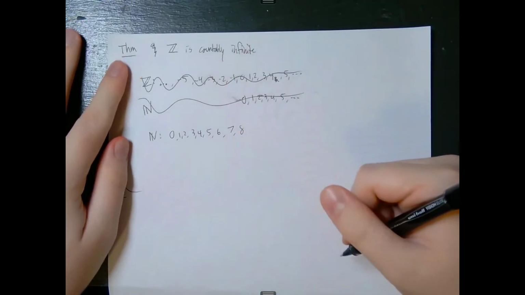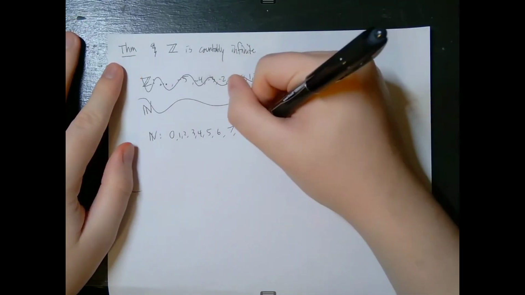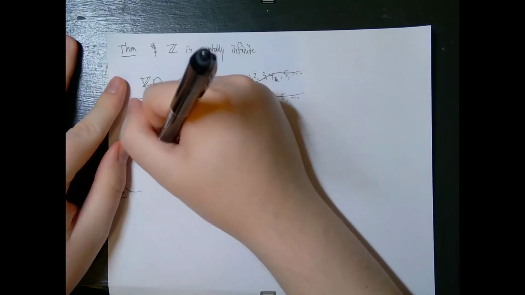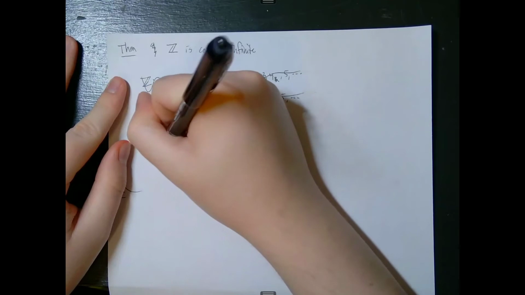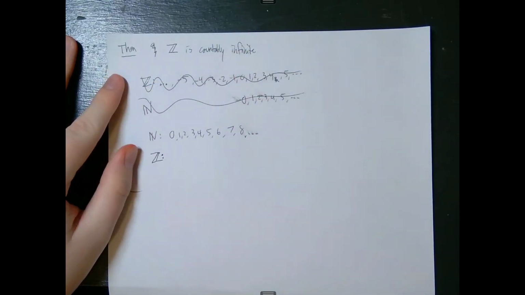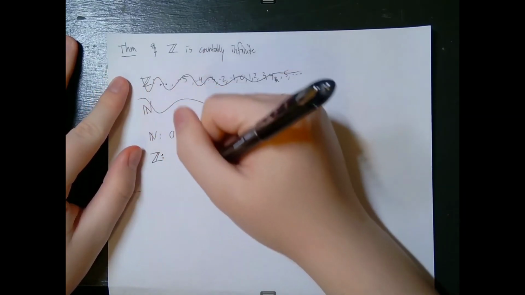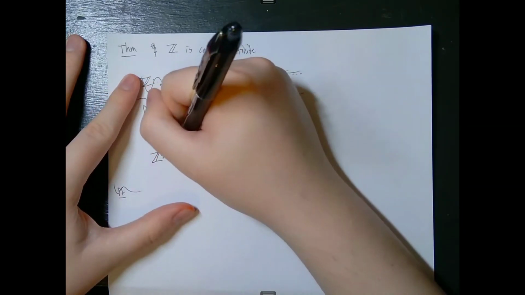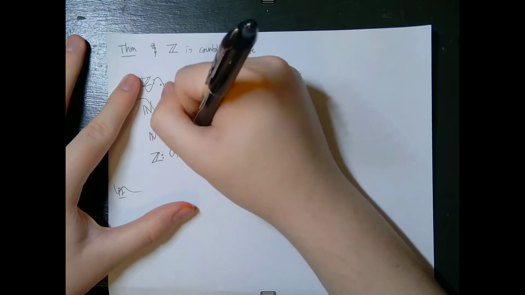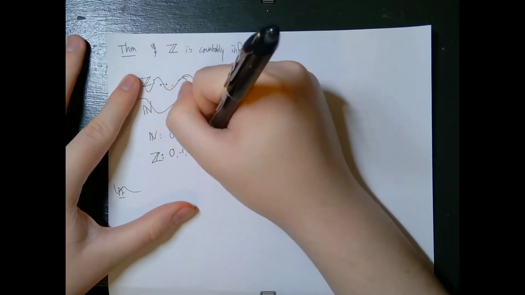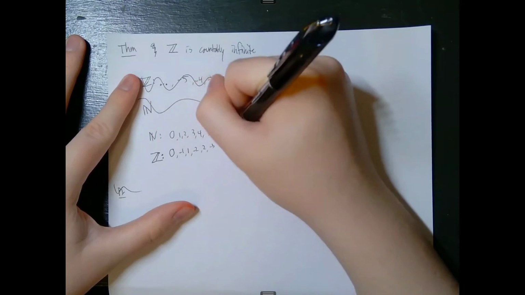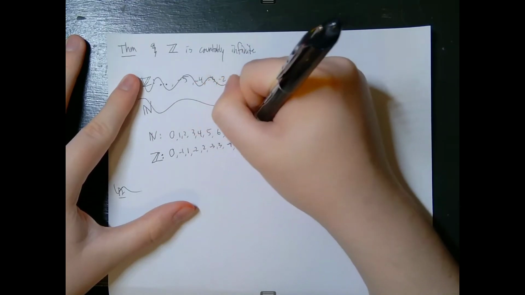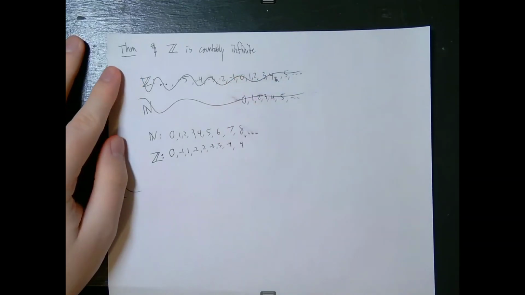I think that should be enough. And so on. But we can look at writing the integers like this, where I'm going to alternate between positive and negative integers. So the integers starting with 0, -1, 1, -2, 2, -3, 3, -4, 4, and so on.